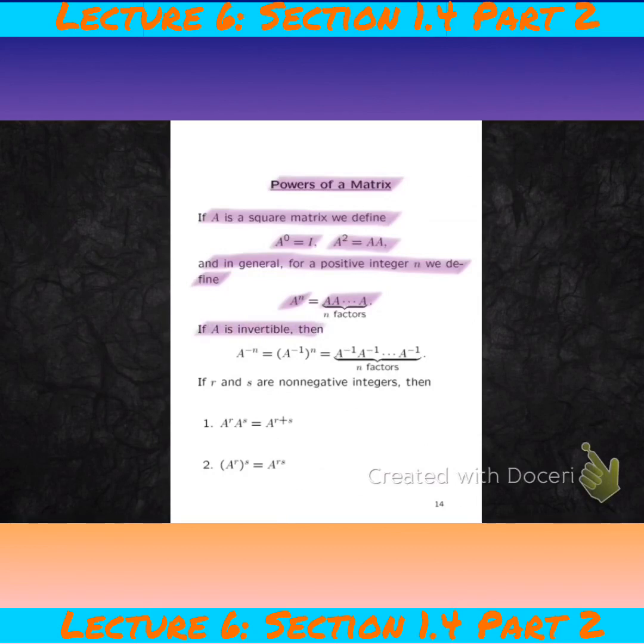And provided that A is invertible, you can then bring in a negative power. A to the power of negative n is the inverse of A multiplied with itself n times.